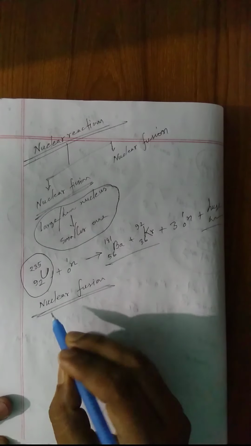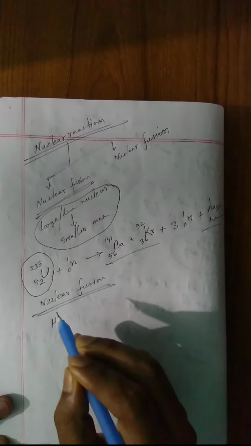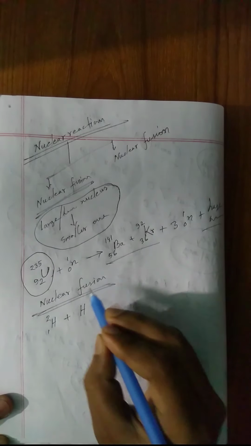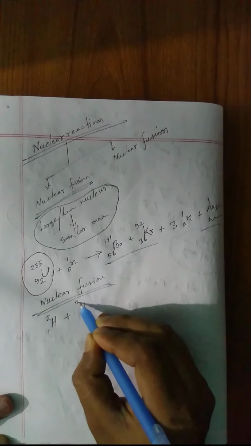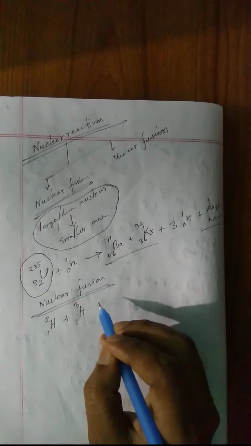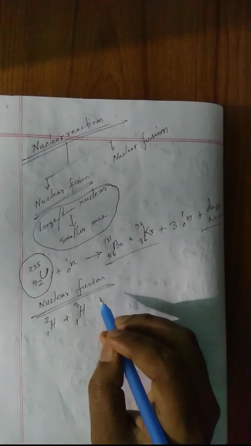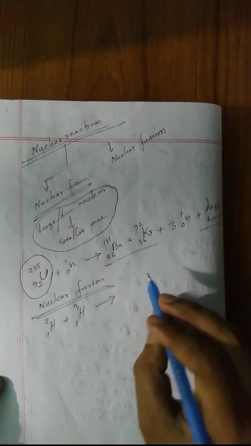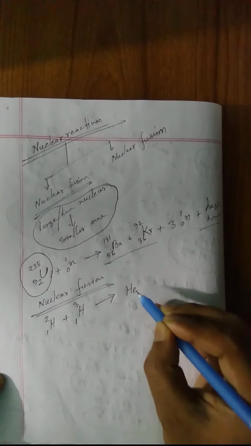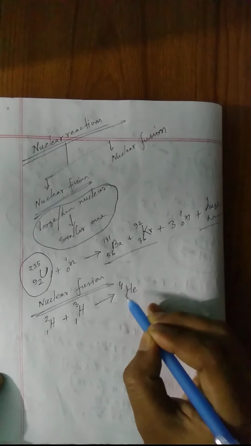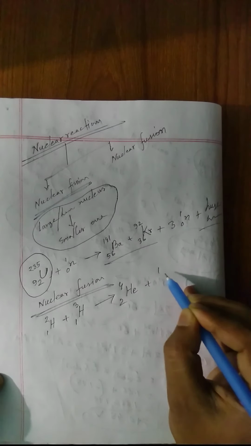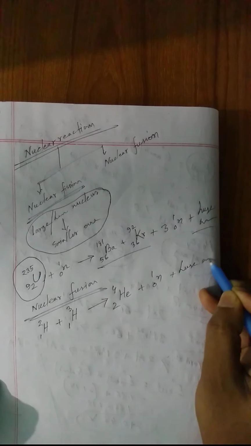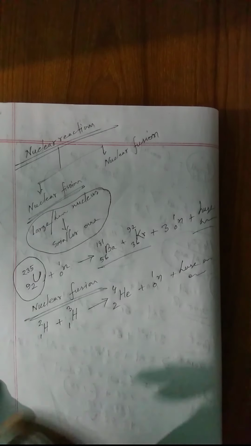For example, hydrogen, these two isotopes combine with each other and form a larger one, helium 4 2, and a huge amount of energy.